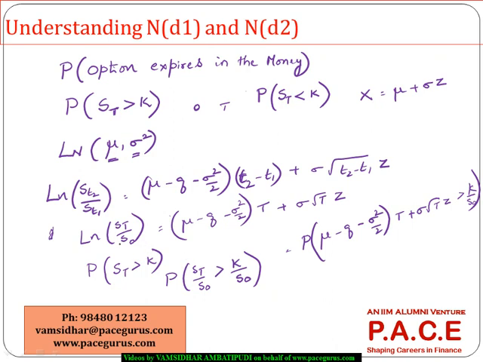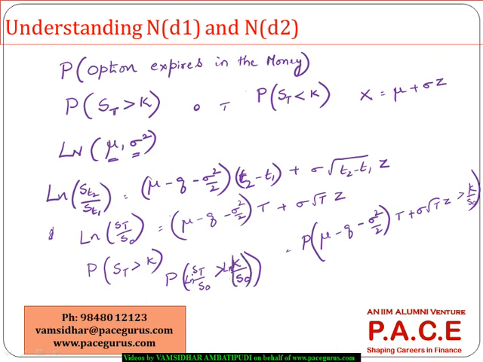But this is log st by s0, so I cannot write st by s0 in that particular form. I could take the logarithm on both sides, so I want the probability of log st by s0 greater than log k by s0.